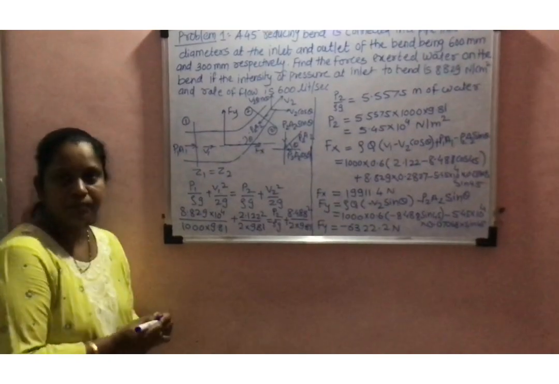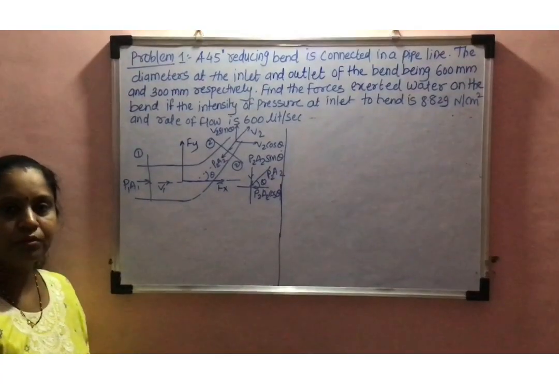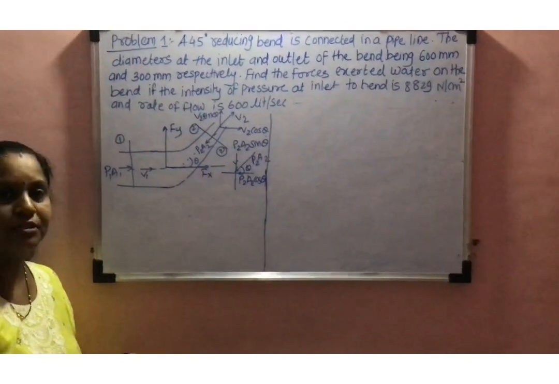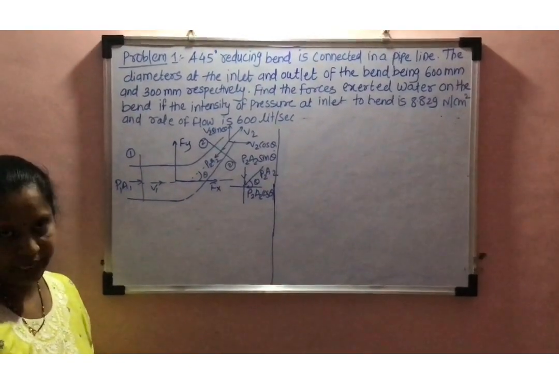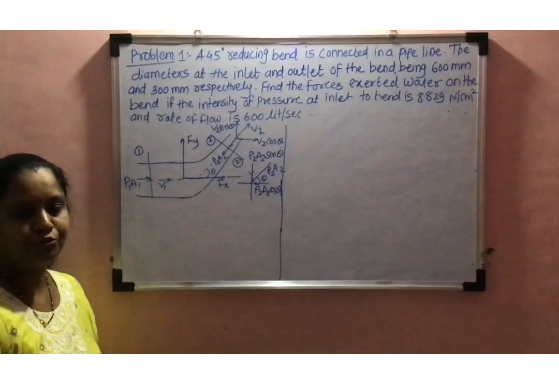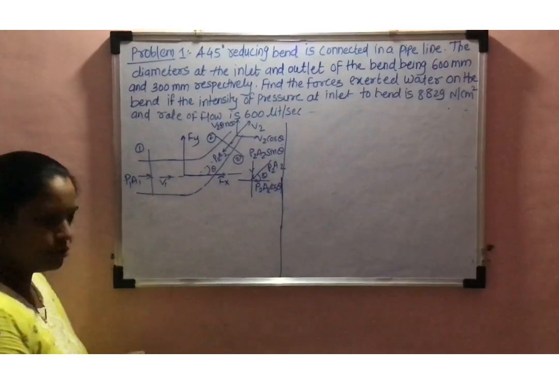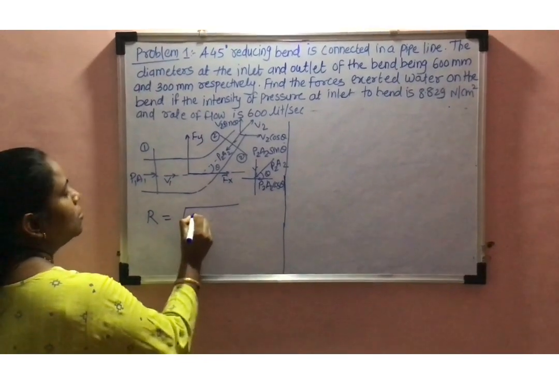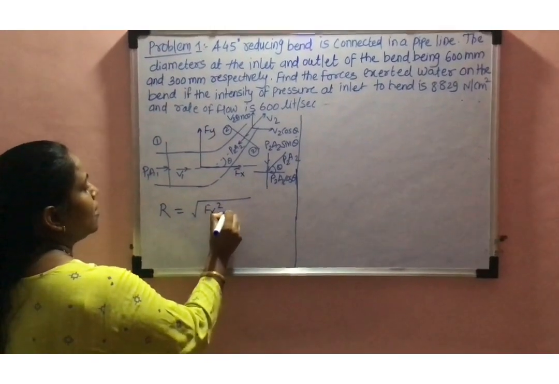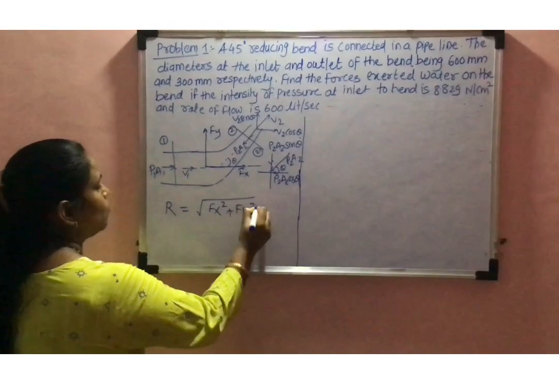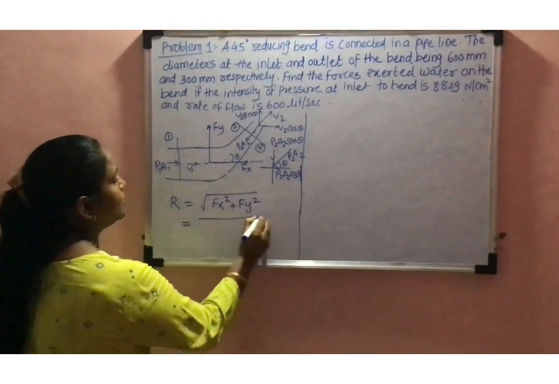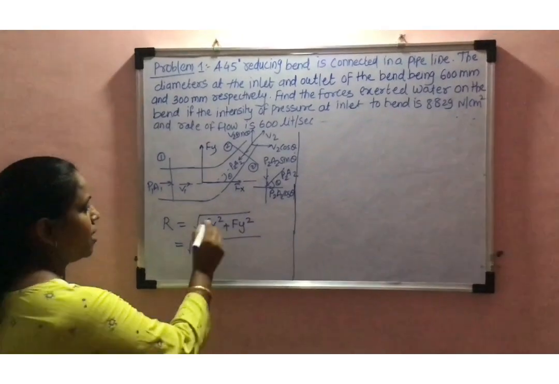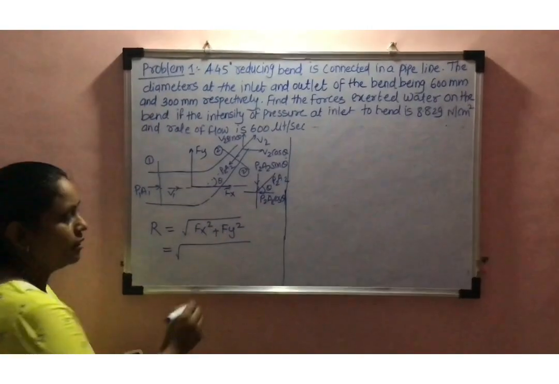So now we know the force exerted along the x direction and the force exerted along the y direction. Now the next step is to find out the resultant. So resultant R is equal to the square root of Fx square plus Fy square, the force along the horizontal direction plus the force along the vertical direction.